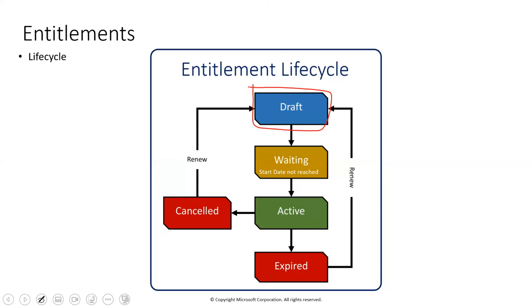After getting the entitlement in the draft status, if a customer buys that product with us, in that scenario we need to specify the purchase date, or the applicable date from which the user can start using this specific service we are offering.